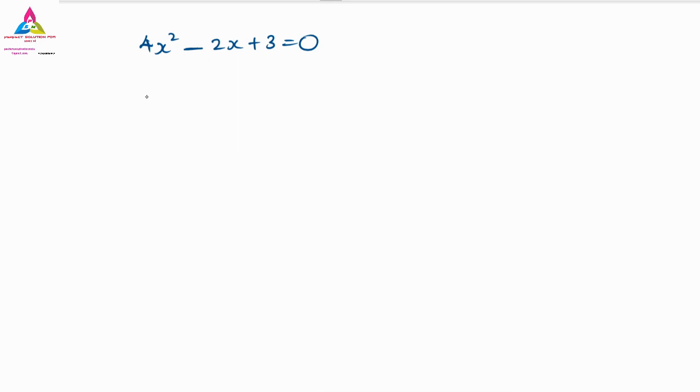Actually, when this type of question comes, we have to find first whether it is a real root, an imaginary root or an equal root. Then only we can go for the next solution. So quickly solve this and tell me.